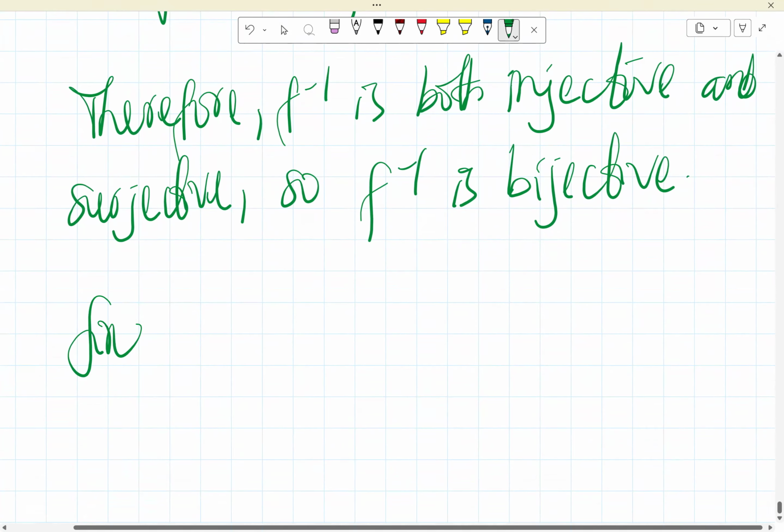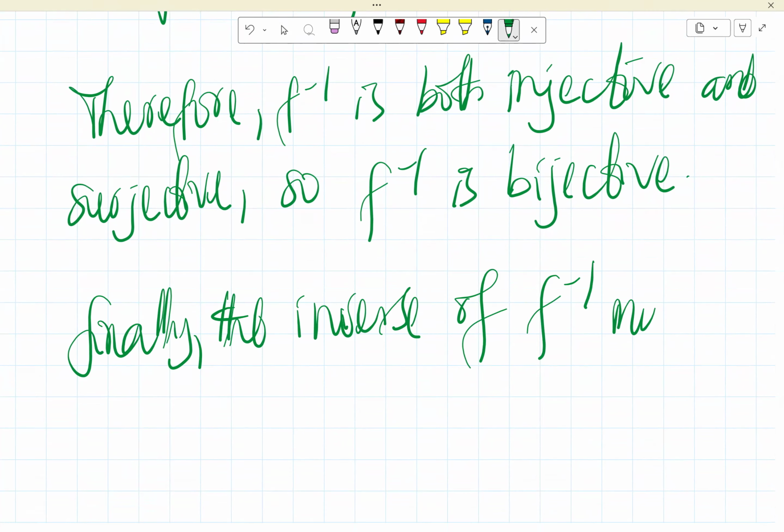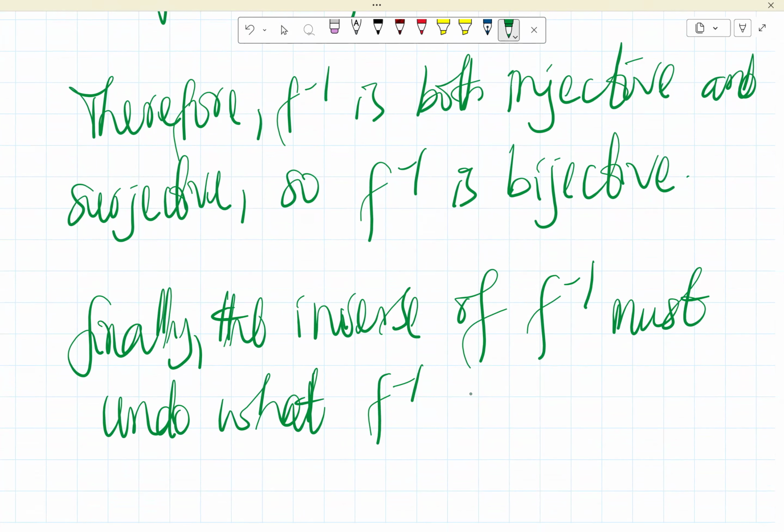So finally, the inverse of F inverse must undo what F inverse does.